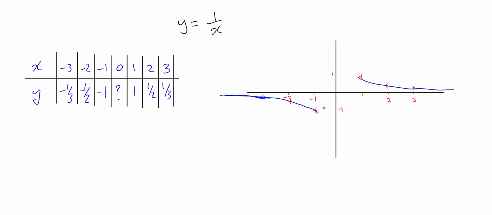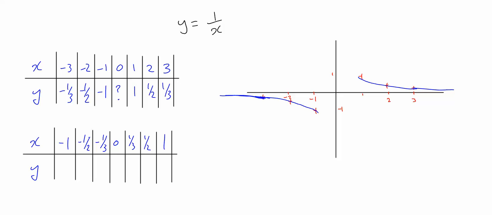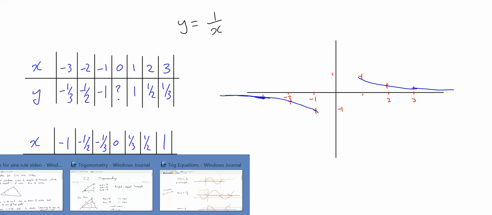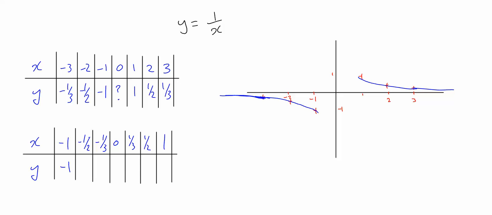But what happens between minus 1 and 1? So we look at values of x between minus 1 and 1. Again, if x is minus 1, y is minus 1. If x is minus a half, well, 1 divided by minus a half is minus 1 over a half, which is 2, so minus 2.